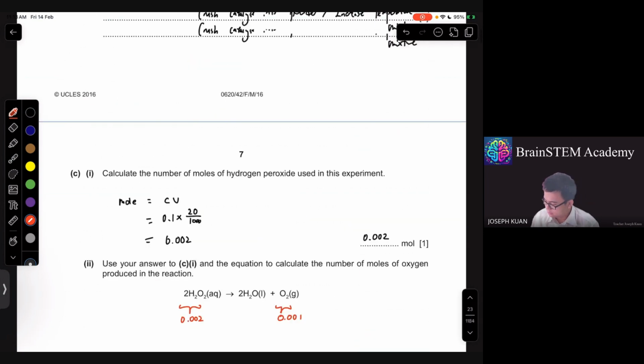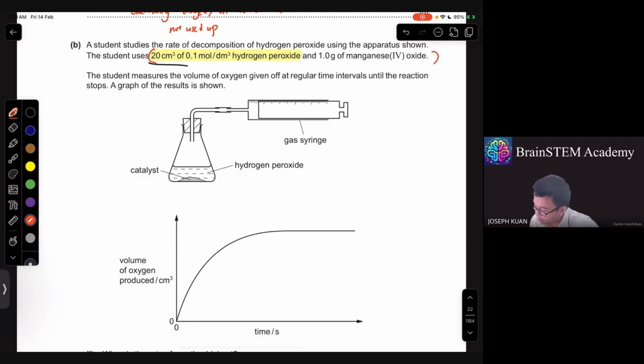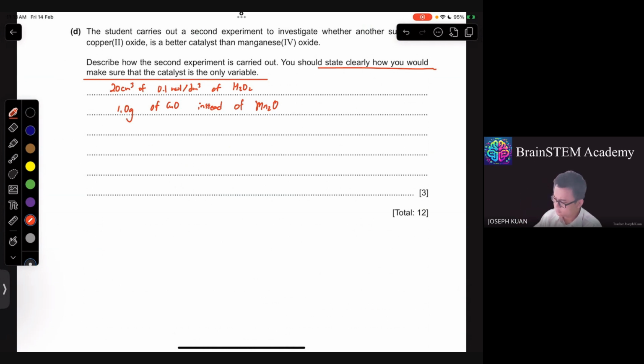I guess just use the same reaction, same conditions, which is the same 20 cubic centimeters of 0.1 mole per cubic decimeter of hydrogen peroxide, and then 1 gram of copper 2 oxide instead of manganese 4 oxide. Right, so same volume, same concentration, same mass of catalyst, and then maybe you can talk about the same temperature.